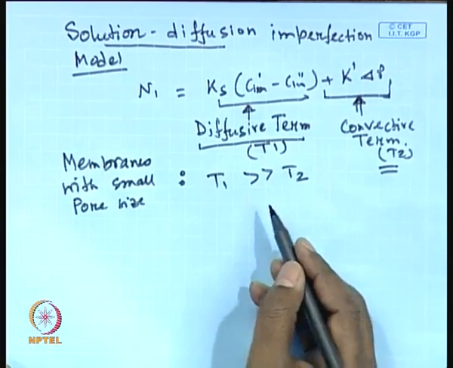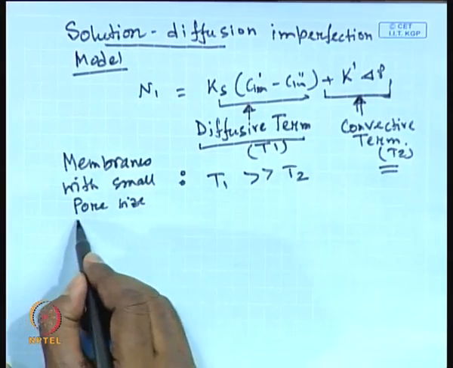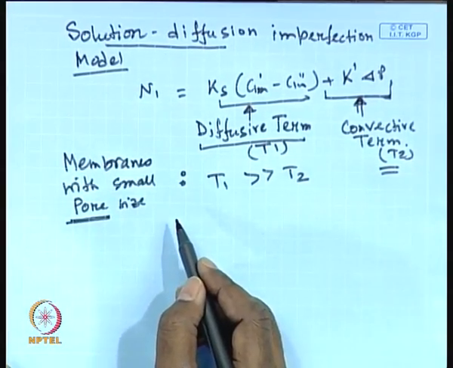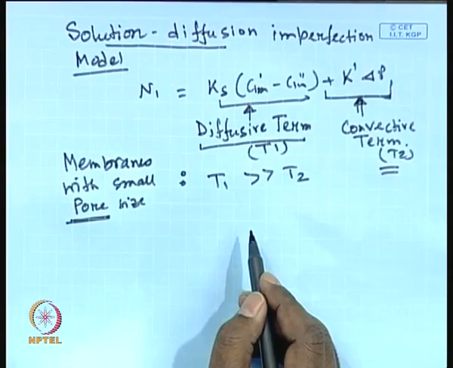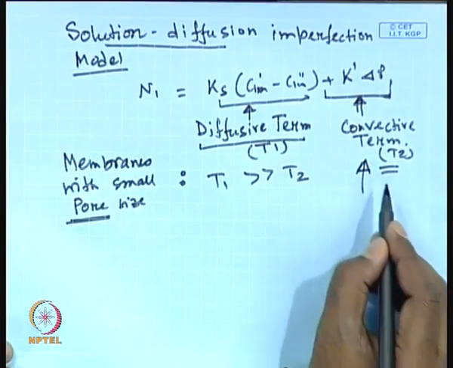But because in a membrane there is no fixed pore size, you cannot have a membrane of uniform pore size, there will be a distribution of the pore size in the membrane. There will be some pores which are larger in size, some which are smaller, and you can find the average pore size. So, there may be some pores where the convective term of the solute flux becomes predominant. In that case, this term will be considered.